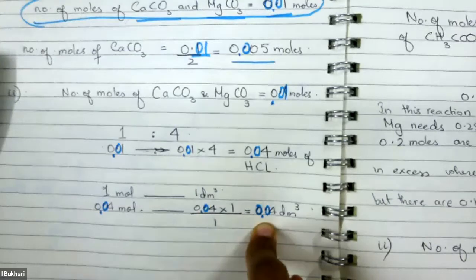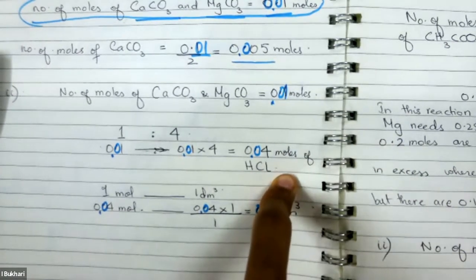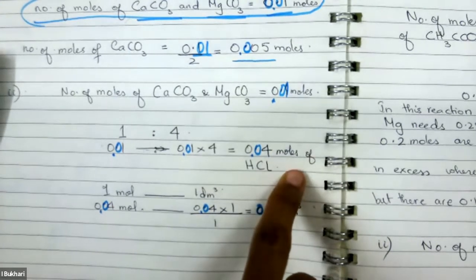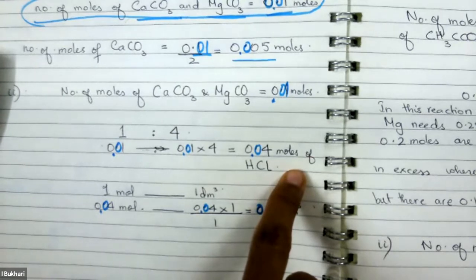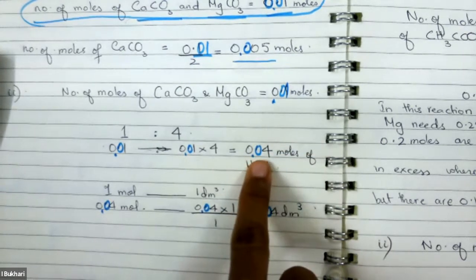No, Miss, even the number of moles of HCl is wrong. Are you checking the correct question, the correct year? Yes, Miss, the marking scheme. What is the answer? Number of moles of hydrochloric acid needed to react with one tablet is 0.02, and the volume of hydrochloric acid needed is 0.02.